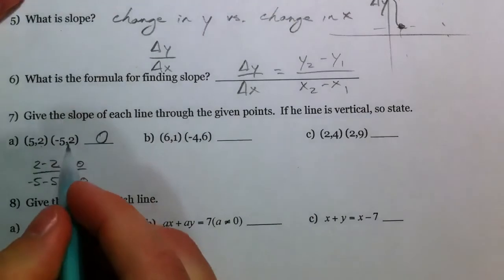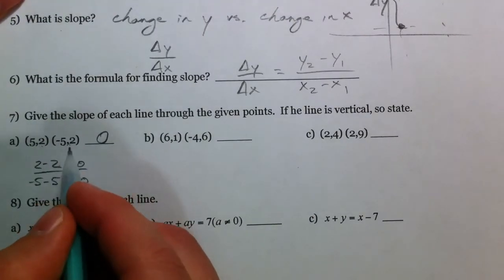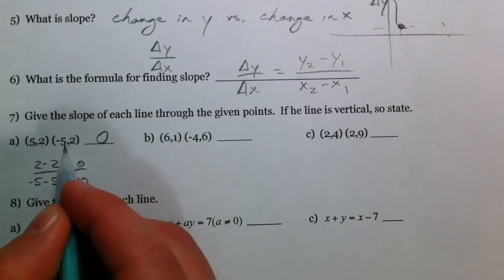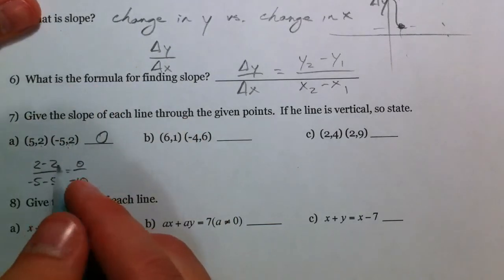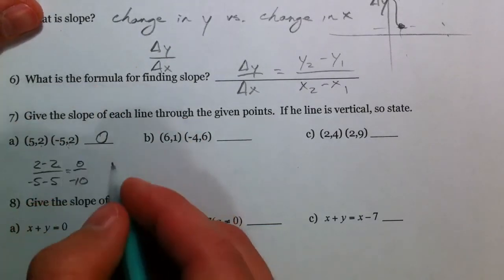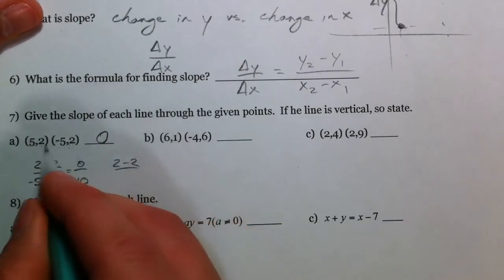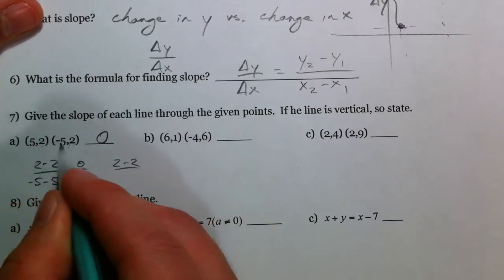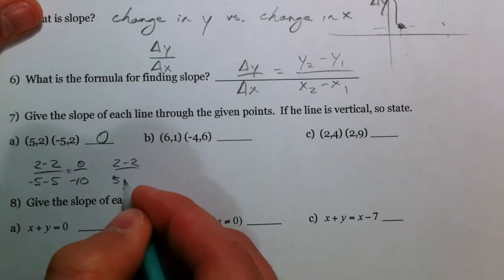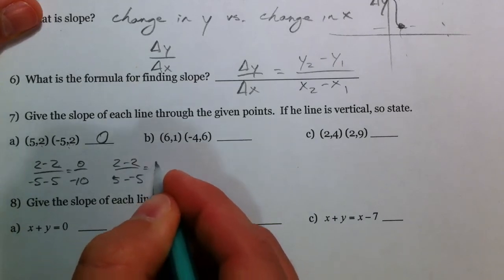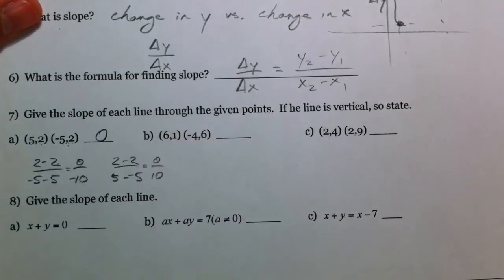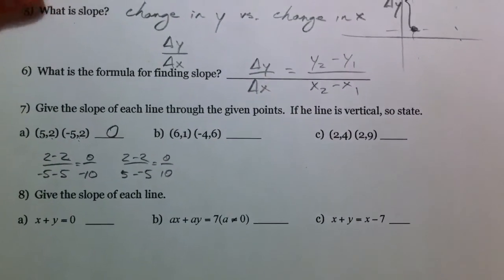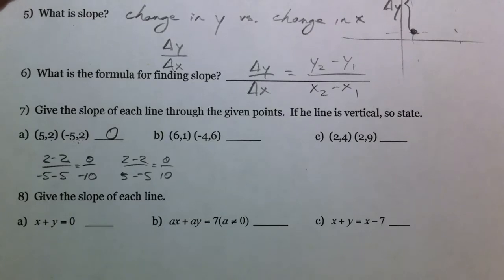Keep in mind, this point doesn't always have to be x2 and y2, because we could have given you the points in the opposite order. So what if I had done 2 minus 2, and 5 minus a negative 5? Well, that would have given me 0 over positive 10, but it still would be 0. You get the same slope either way as long as you start with the same one, top and bottom.